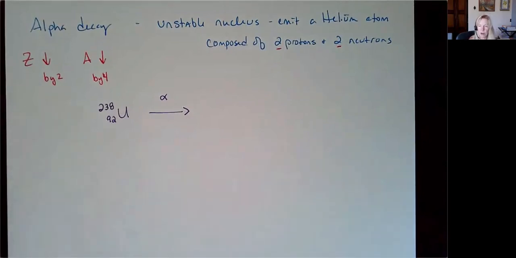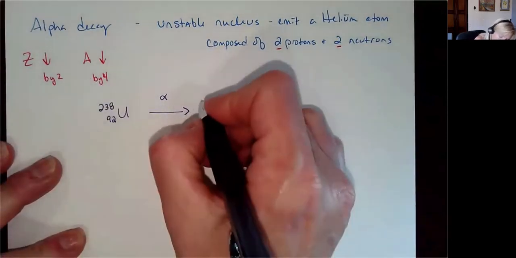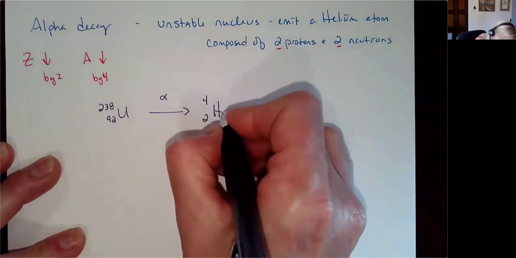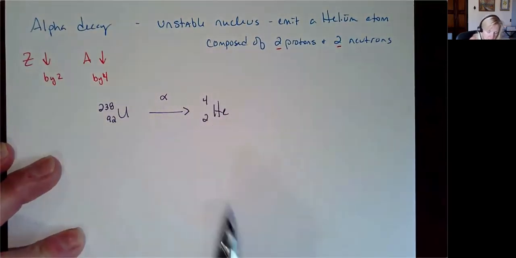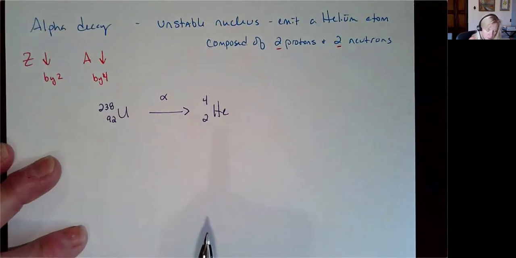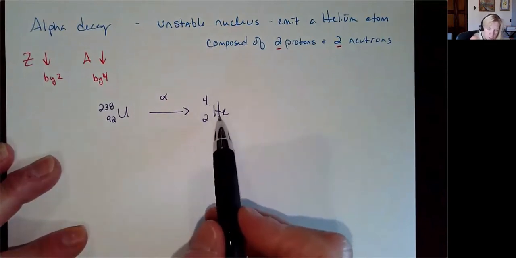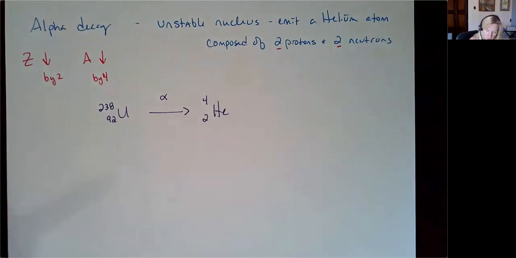But if you see the products, then that's also going to tell you what's happening here, because you're going to have predictable products of alpha decay. I'm going to release a helium atom. So this comes out of uranium-238, this 4,2 helium atom. This is my alpha particle.